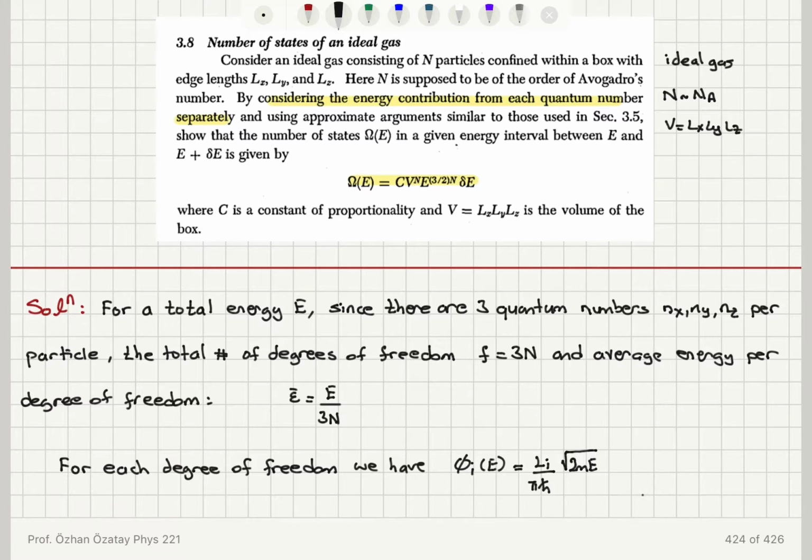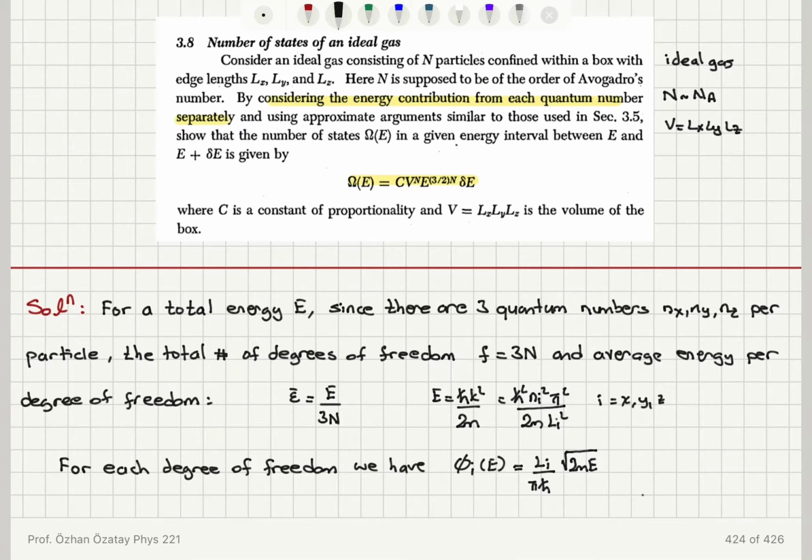This comes from the fact that the energy is equal to h bar squared k squared over 2m, which for the one-dimensional case is ni squared pi squared h bar squared over 2m Li squared. So i can be x or y or z.